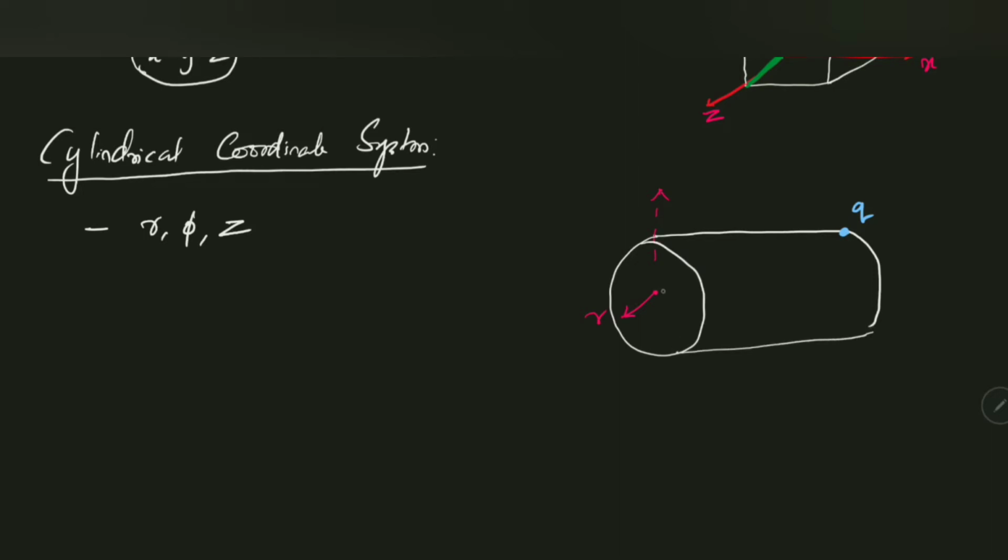My axis is somewhere here, okay, now it's correct. Your point q is at a distance z from the origin, and it is also at a distance r, which is the radius, because you have a cylinder somewhere like this.